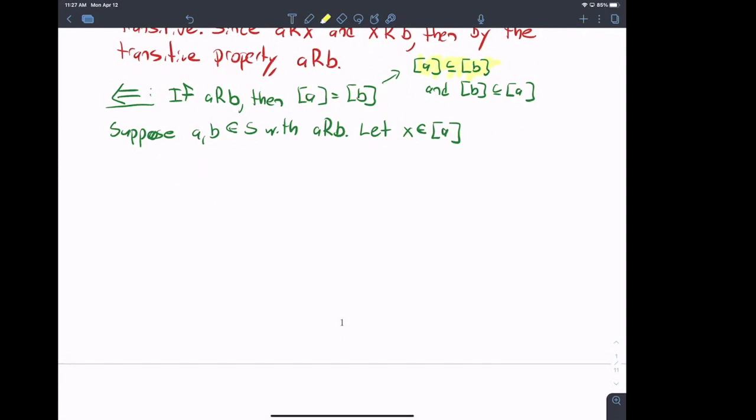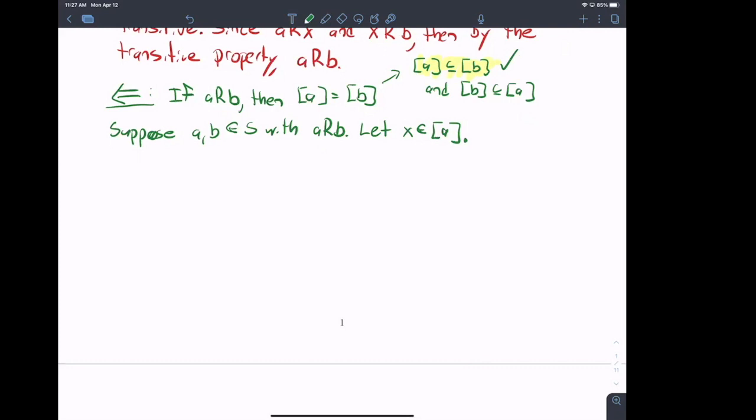If I want to show that equivalence class A is a subset of equivalence class B, I take some element that's in equivalence class A, call it X, and we want to show that that element has to also be in equivalence class B. Once I know anything in equivalence class A is in equivalence class B, that's going to tell us that part.